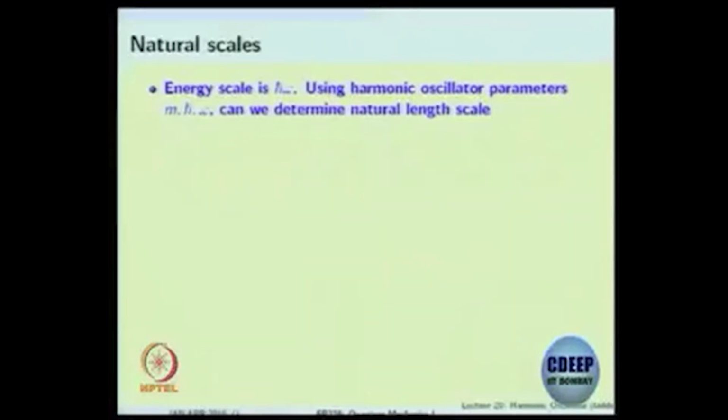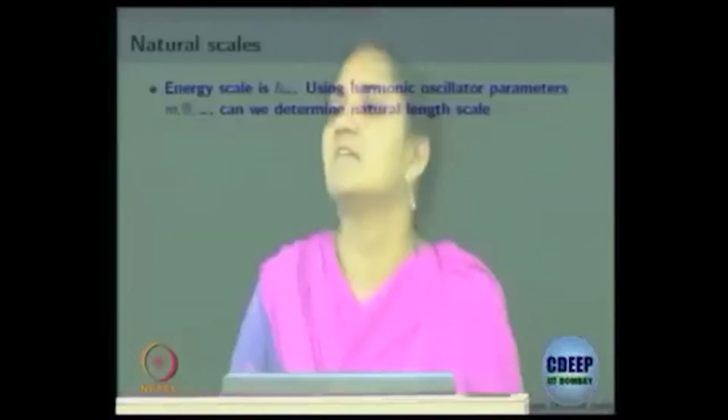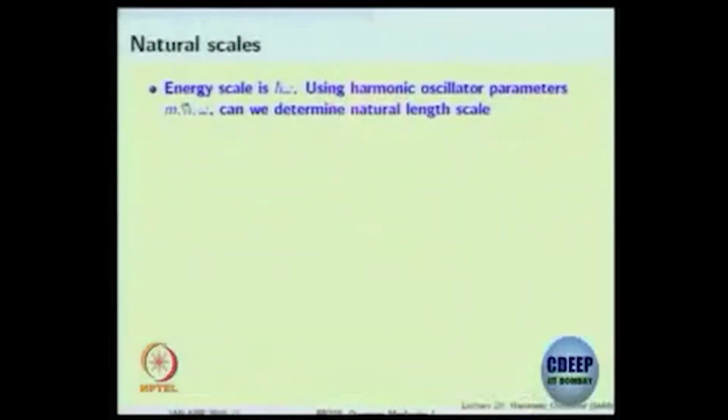These are the three constants with which you can play around to get dimensionful quantities. Can we determine a natural length using these three parameters? Sure, all of you have done dimensional analysis, right? So can you figure out how to play around with m, h cross and omega so that you get the dimension of L?